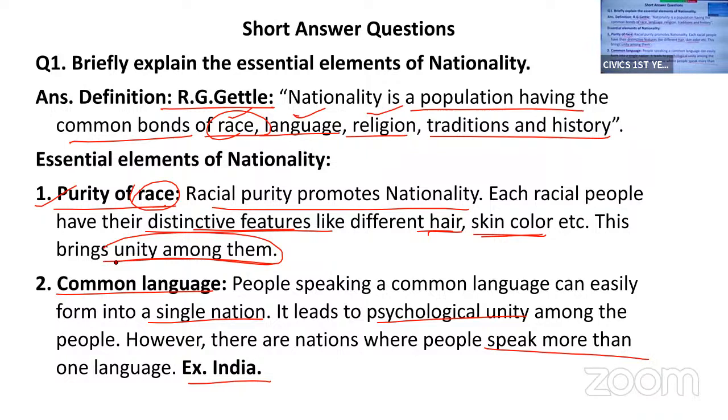People speaking a common language can easily form a nation. Example, Bangladesh was purely formed on the basis of language. There are nations where people speak more than one language. Here we have taken the example of India. I hope I'm clear with this.